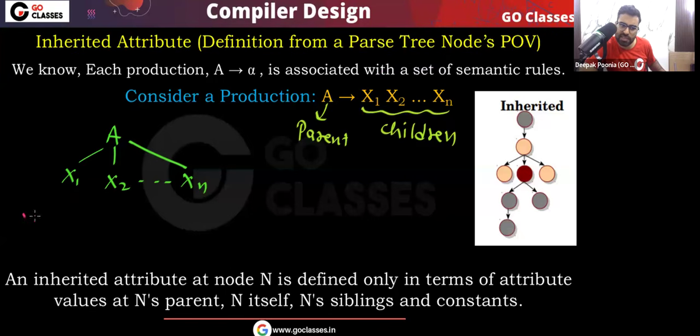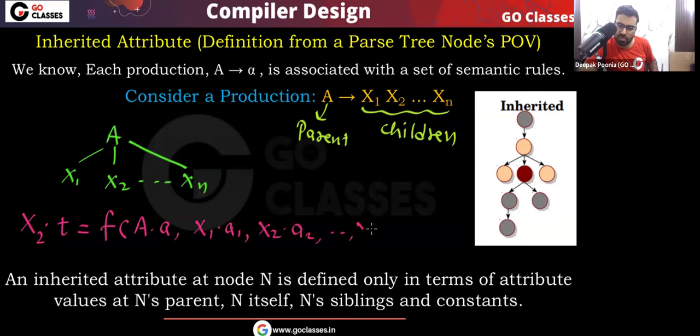So very simple. Here I can say Xi dot, or for example let me use X2. For example X2 dot t, that we are writing in terms of A dot a, X1 dot a1, X2 dot a2, and so on Xn dot an, comma constants.